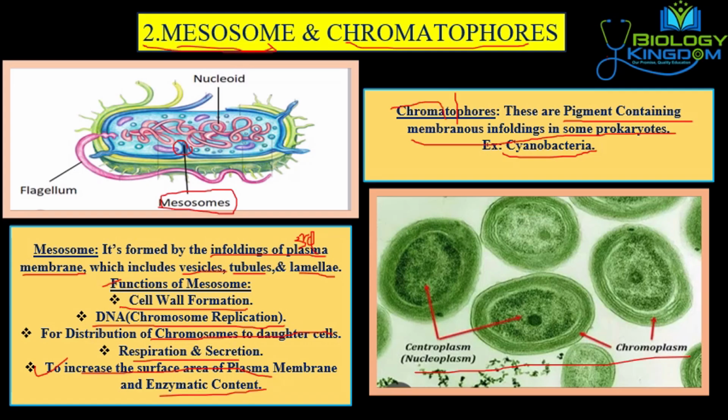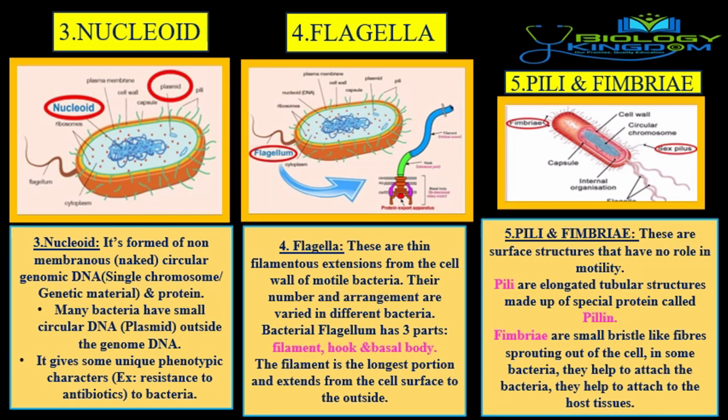Here it is a pigment which is present, like chlorophyll. If we take the structure, this is the chromoplasm, and inside we have rounded structures, the centroplasm or nucleoplasm. So this is all about chromatophores and mesosomes.